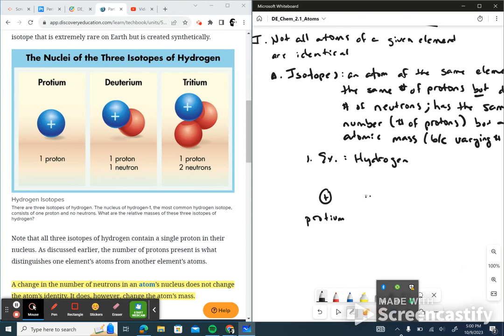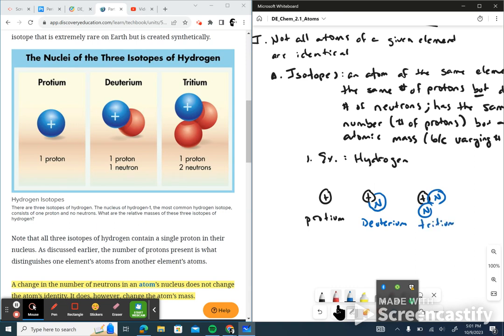We have a proton again, but we also have a neutron, and this is going to be our deuterium. Then our third example again has one proton because that's its identity, but this one has two neutrons. Okay, so this is tritium.